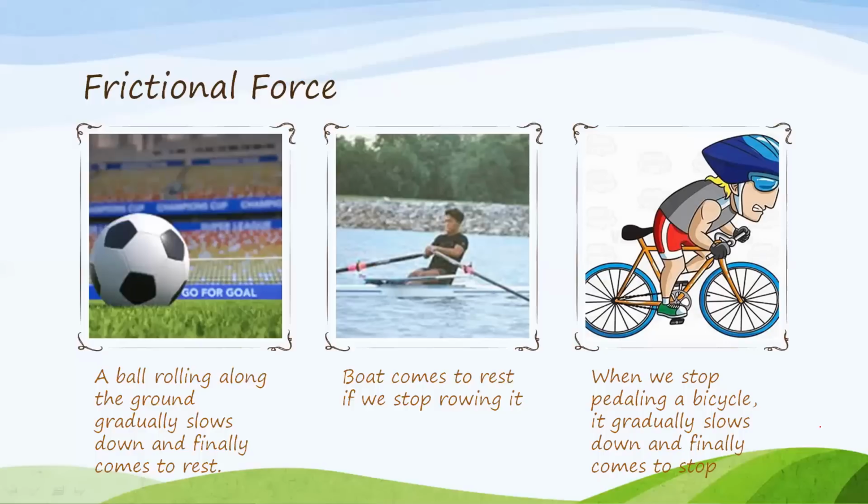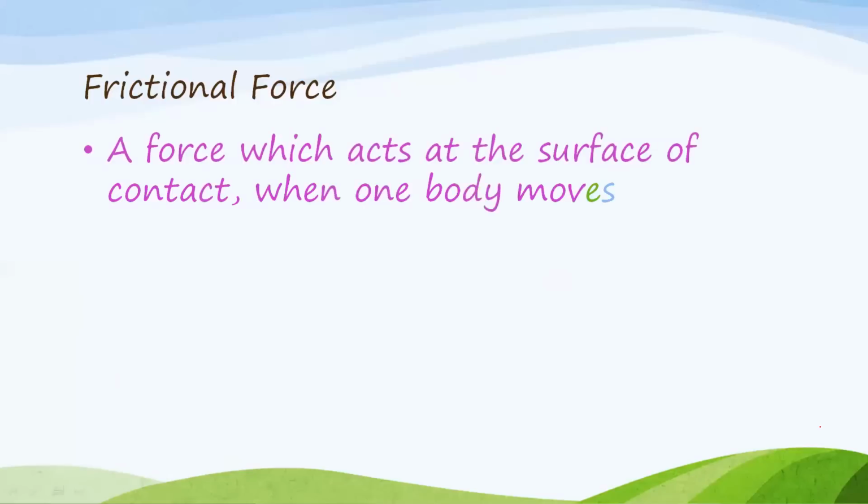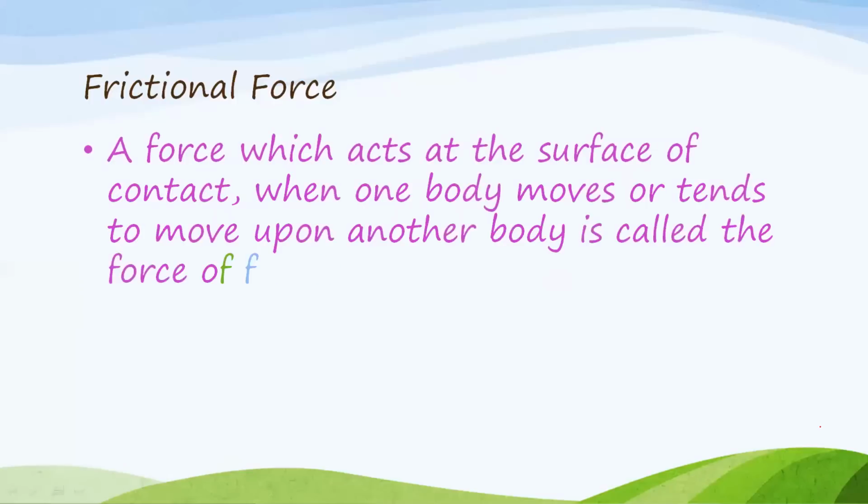When doing so, an opposite force comes into play. That opposite force is known as frictional force. So let us define friction as the force which acts at the surface of contact when one body moves or tends to move upon another body. That force is known as frictional force.